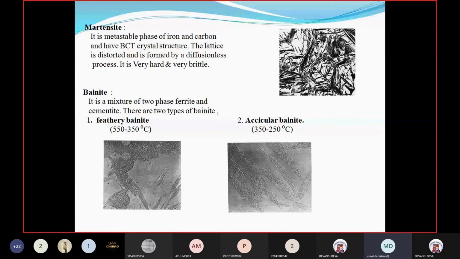These are the phases which are not present, and what type of microstructure you can see. Just now I told you about the martensite and bainite. This type of structure we can identify.